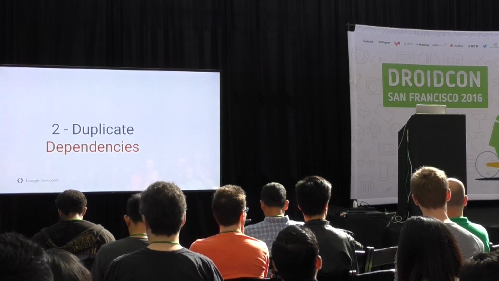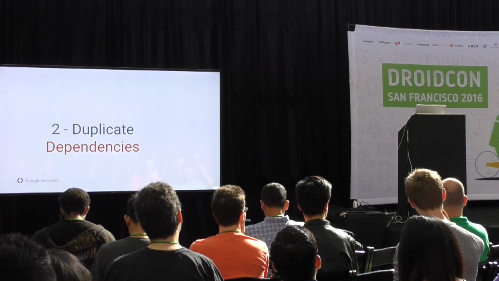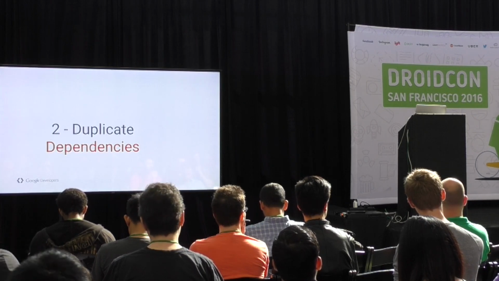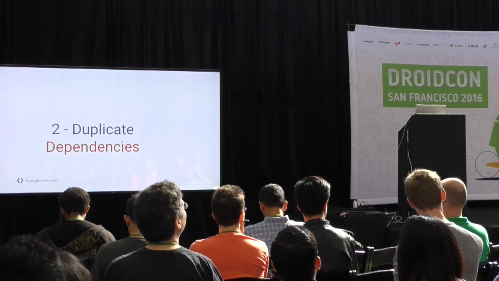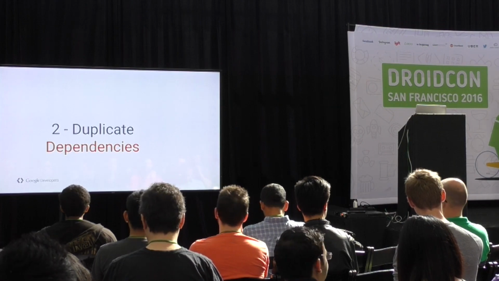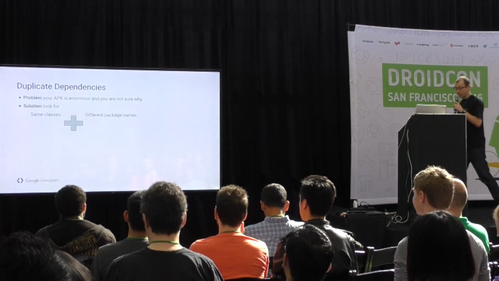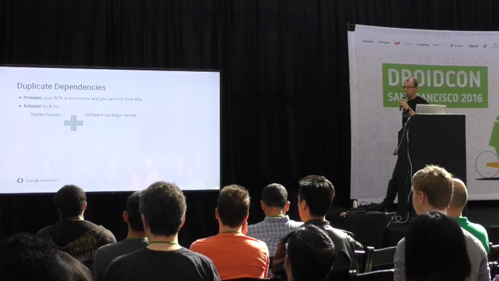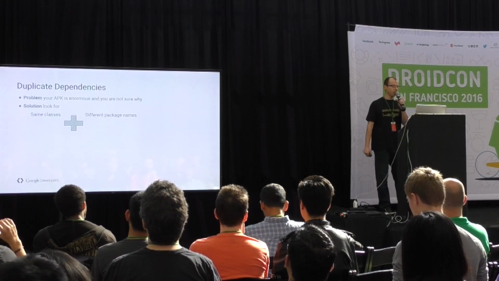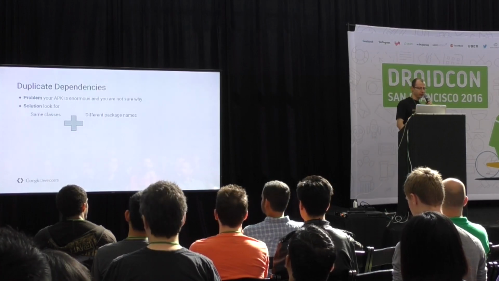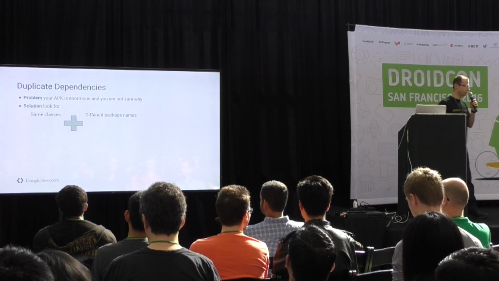It's like a joke. When you go on a plane, it's a good idea to go on a plane that has two engines. But in the APK world, having two versions of JSON might not be optimal. How to sort it out? Pretty easy. Each time before you release, take a look at your APK and look for the same classes, but with different package names.